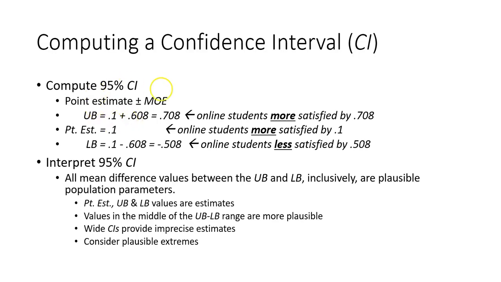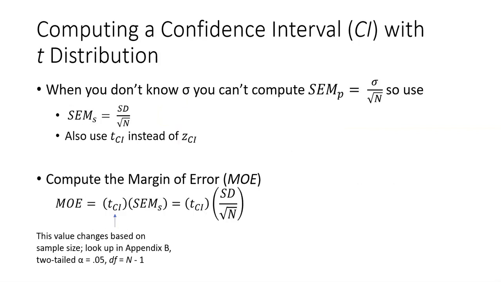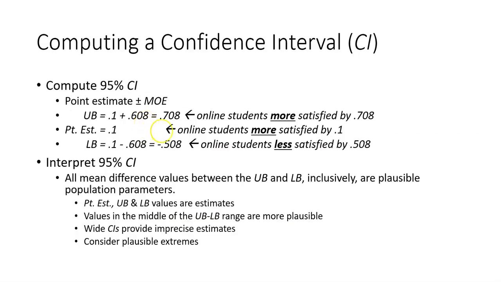When you're interpreting these confidence intervals, there are a few things to keep in mind. First, you have to remember that the point estimate, the upper bound, and the lower bound are all estimates. They're based on a sample, and that sample might not represent the population perfectly, so this point estimate might not be right.